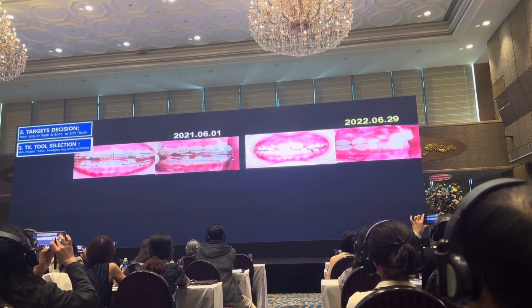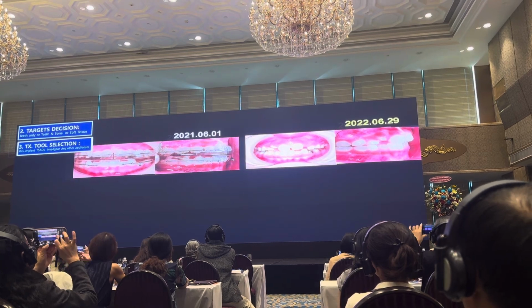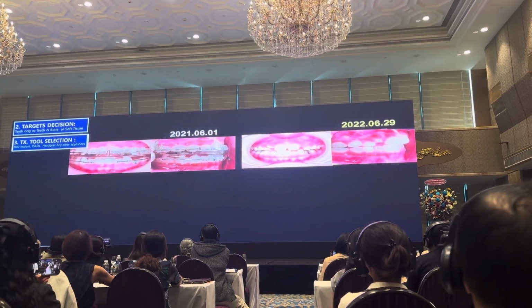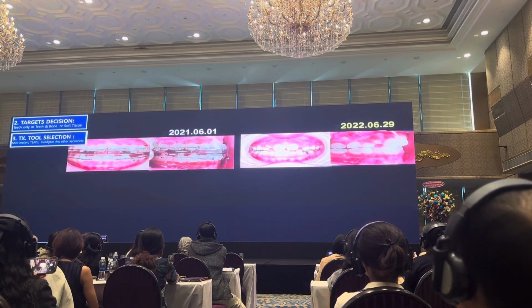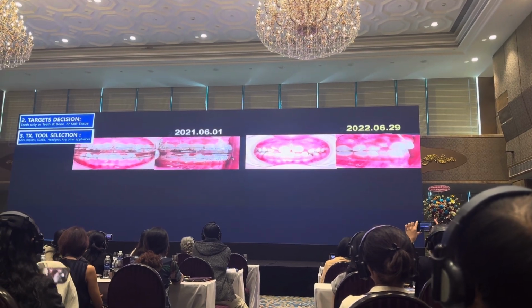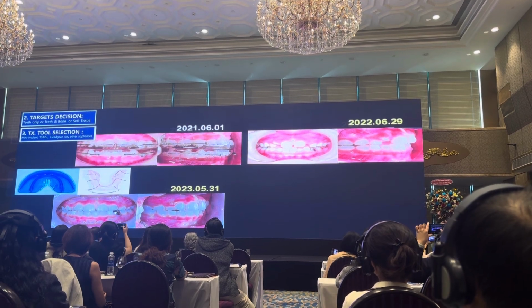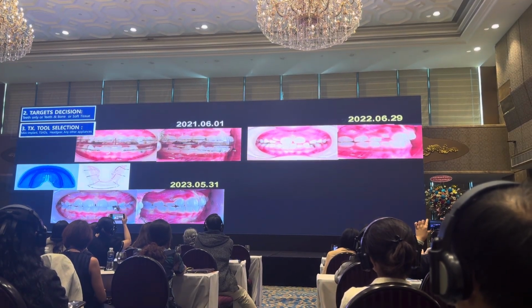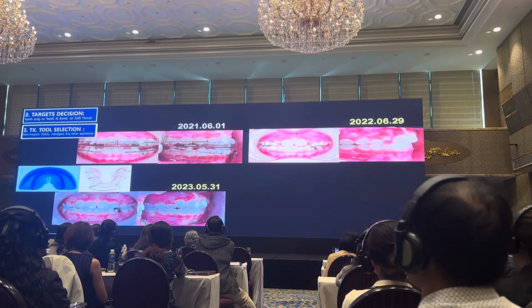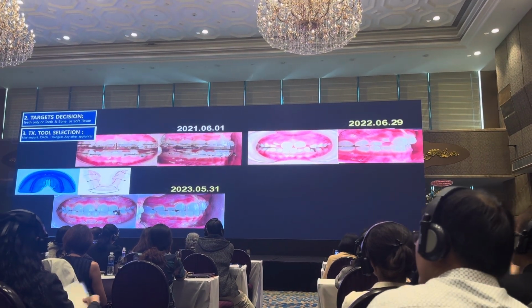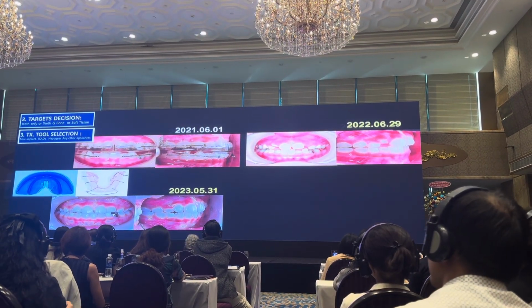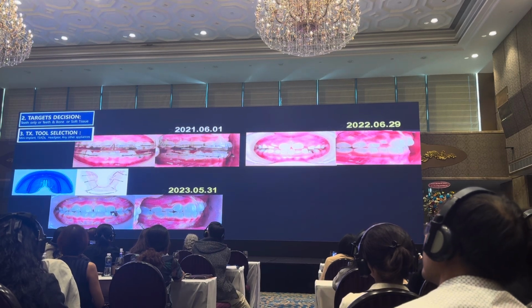For these patients, right side 100 to 120 grams, left side about 80 grams difference. And from that time, you can see additional change like this using this kind of bio exercise with tongue elevator and pre-ortho.